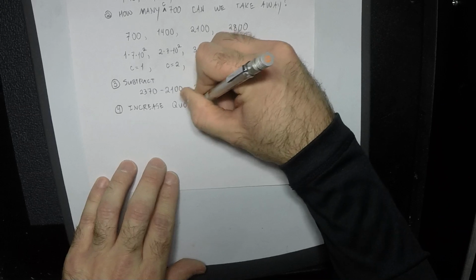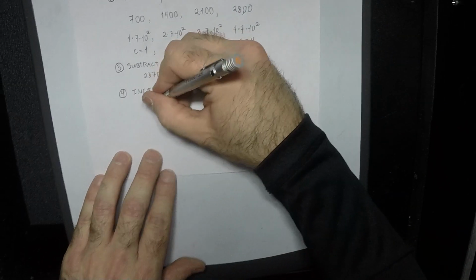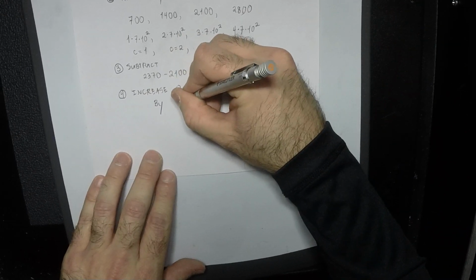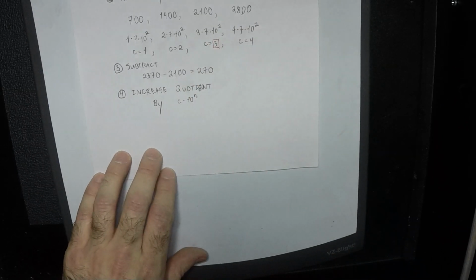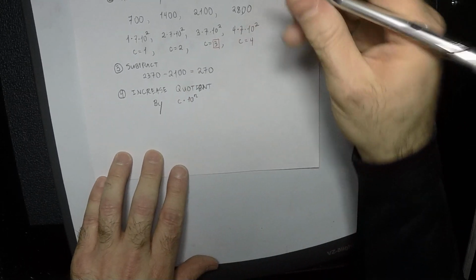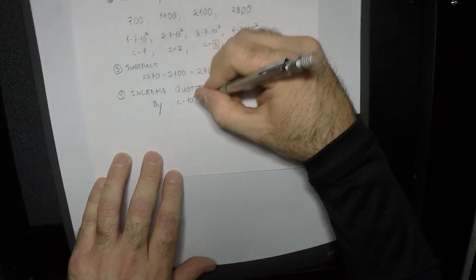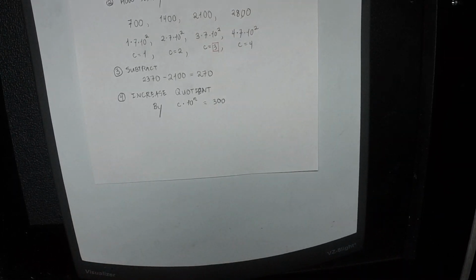So increase the quotient. And we're going to increase it by c multiplied by 10 to n, which is to say, because we established that n was 2 and c was 3, that's 300. Okay, so that means that the quotient is going to be at least 300.